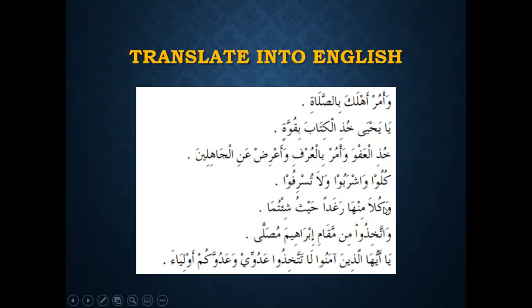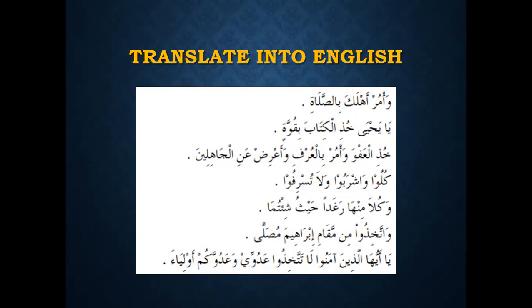Here you don't. Wakula minha, and you both, Adam and Eve, alayhi salam, eat from it, from Jannah, raghadan, without any limitation, unrestricted, haythu shi'tuma, wherever you both want, whichever part you want to go to.